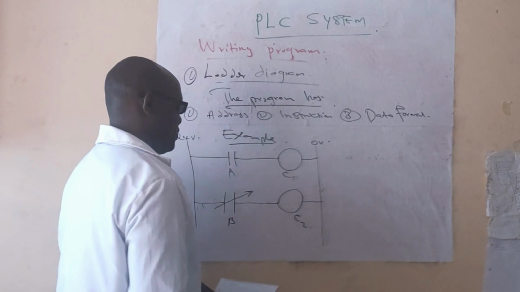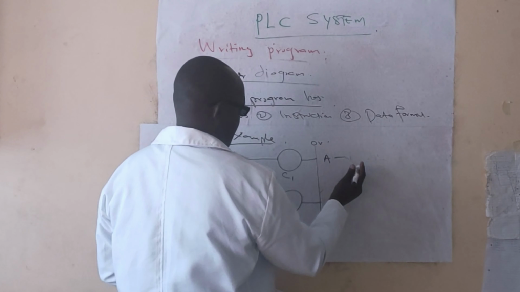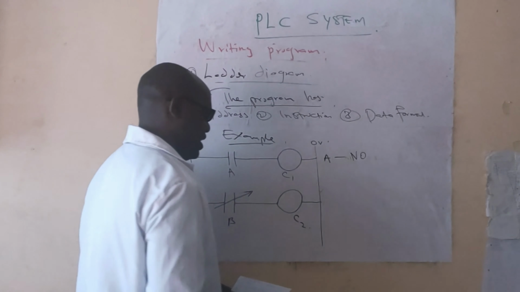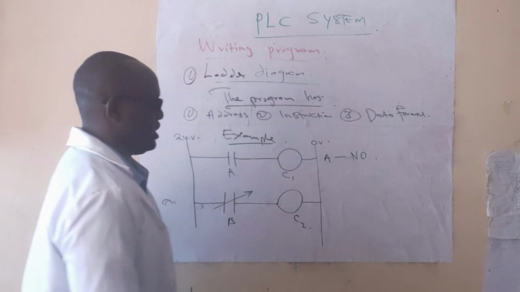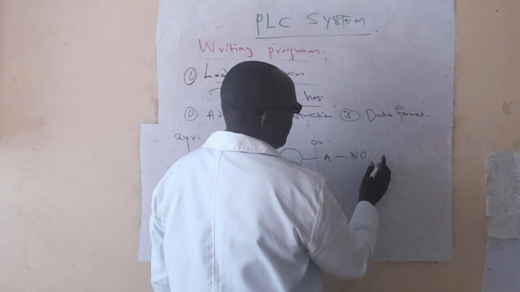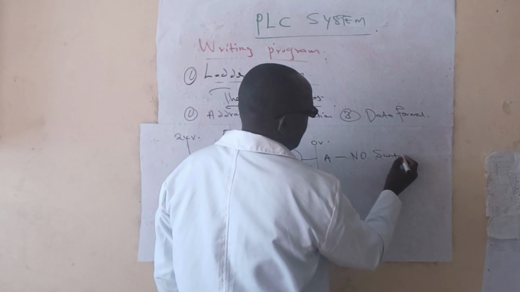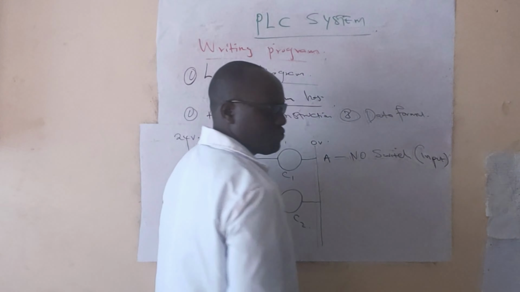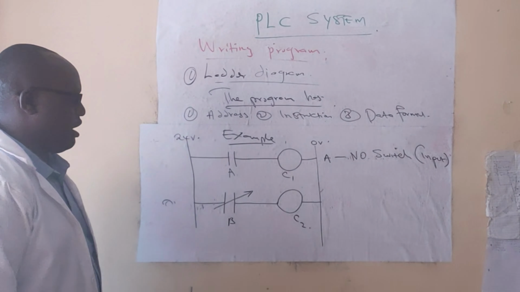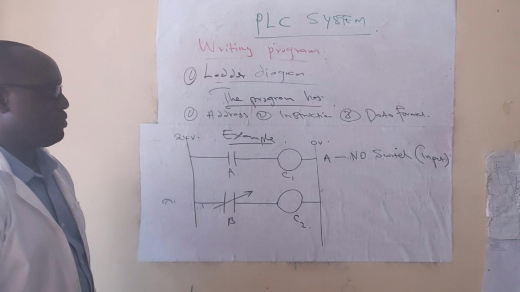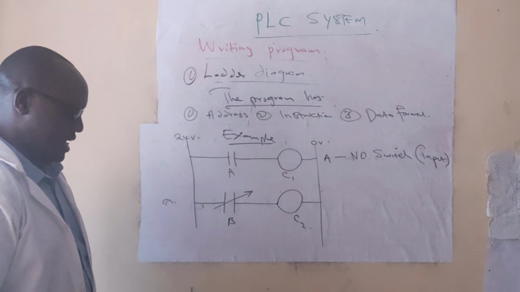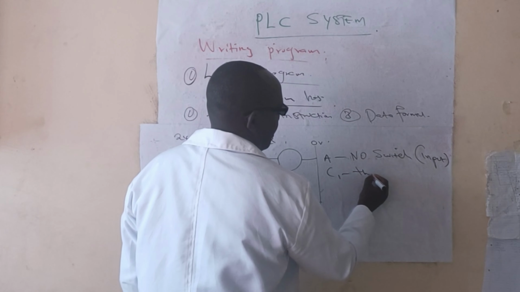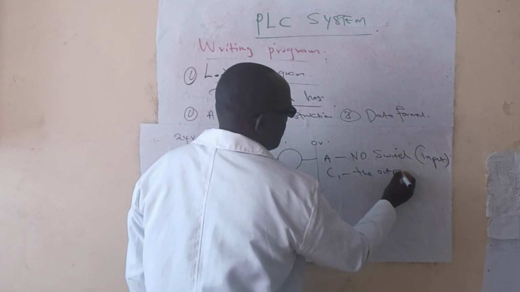So we start from A. We say that one is a normally open switch which forms the input. Then C1 forms the output.